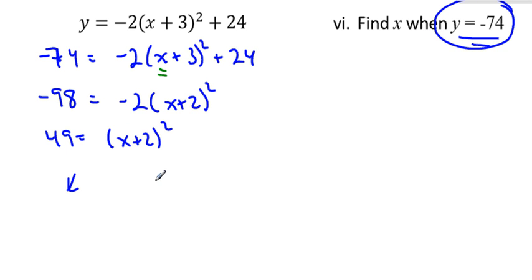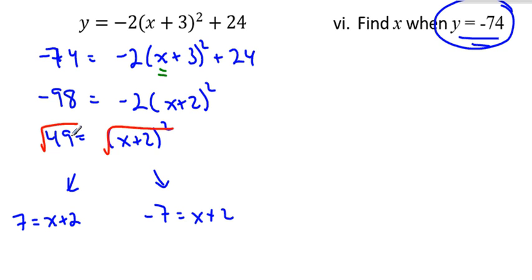So when you take the square root, you get two answers. So the square root of 49 is either 7 or -7. So one equation looks like this, and the other equation looks like this.